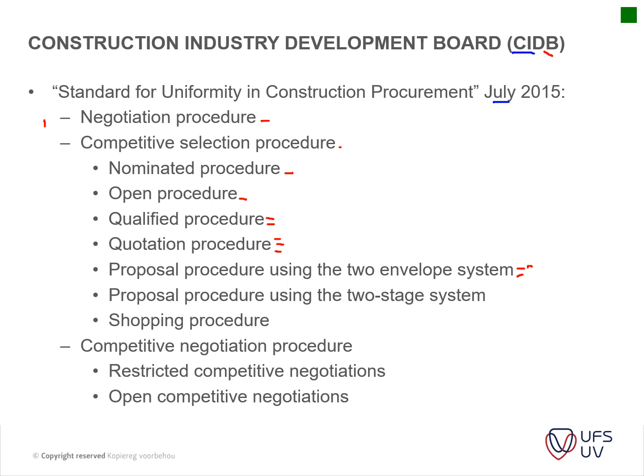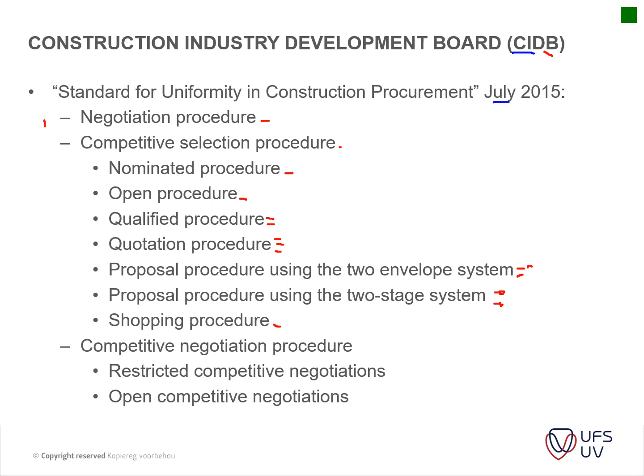Then you've got your proposal procedure using the 2-stage system, very similar to the above one. The contractors just do their first proposal, and if they go through to the second round, then they can submit their costing for the proposal they did. Then you've got your shopping procedure, which is similar to your negotiations, where you look for the best fit contractor, and you might shortlist them to 3.